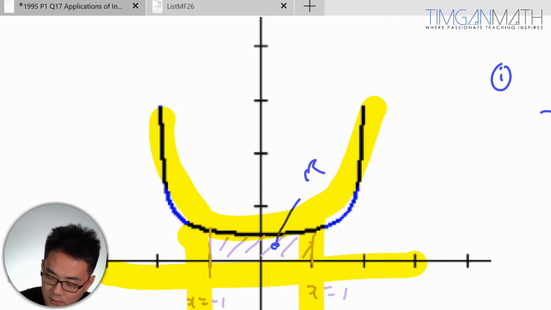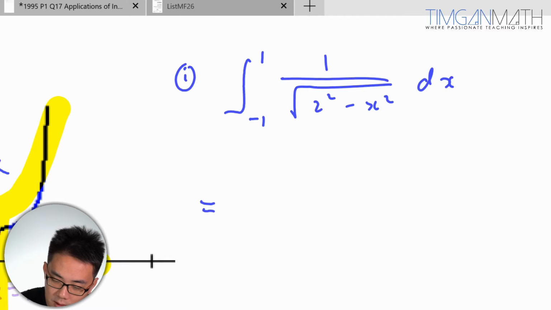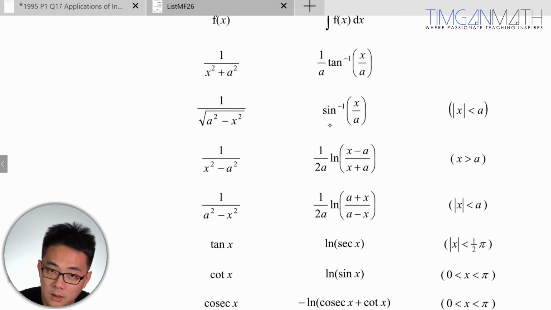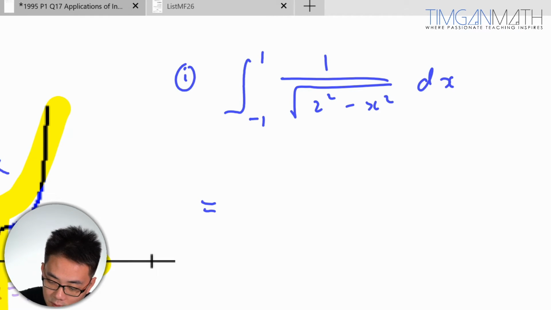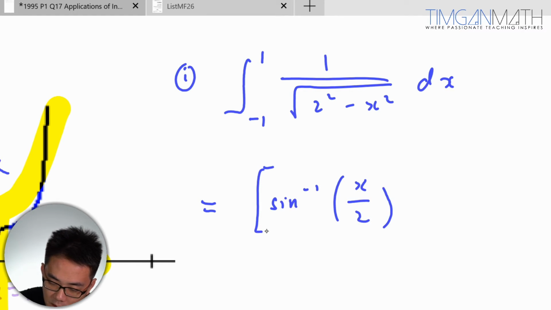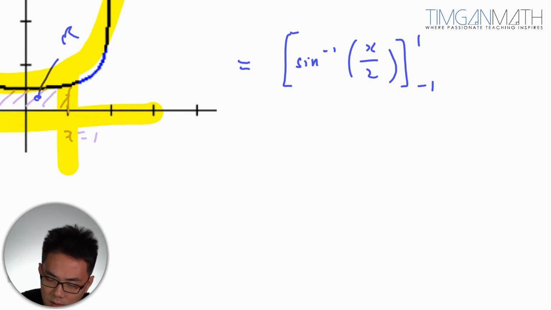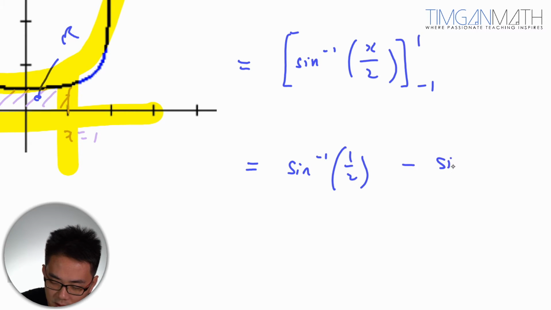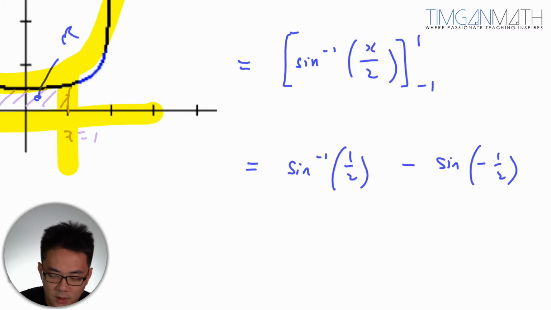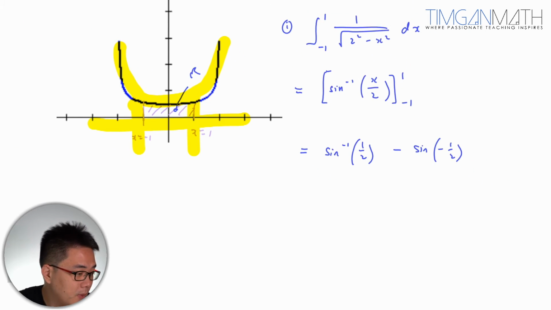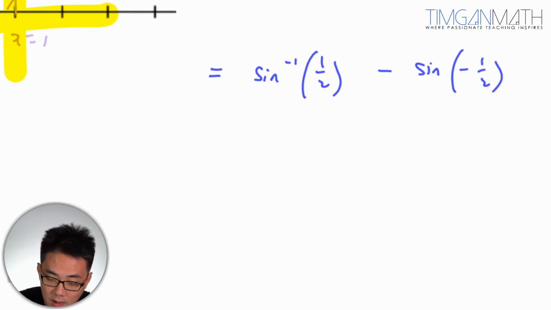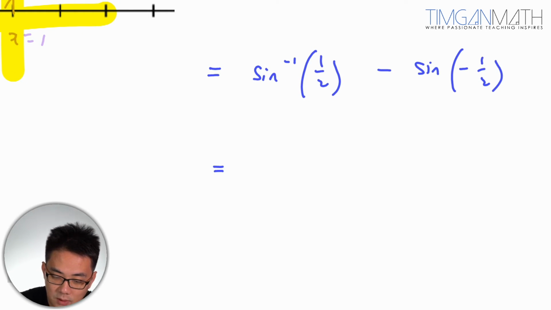So this is sine inverse x over a. A is root 2, so sine inverse x over root 2. And this is from -1 to 1. Once this is done, you get sine inverse of half minus sine inverse of -half.